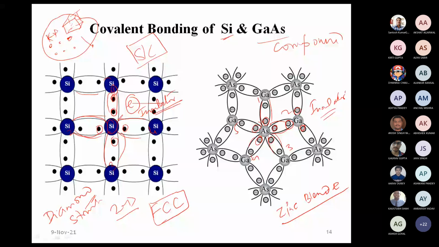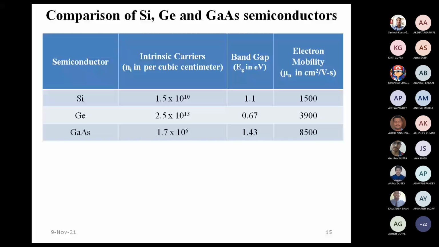Here we have a brief parameter comparison of these semiconductors. Silicon and germanium are simple, elemental semiconductors, and gallium arsenide is a compound semiconductor.